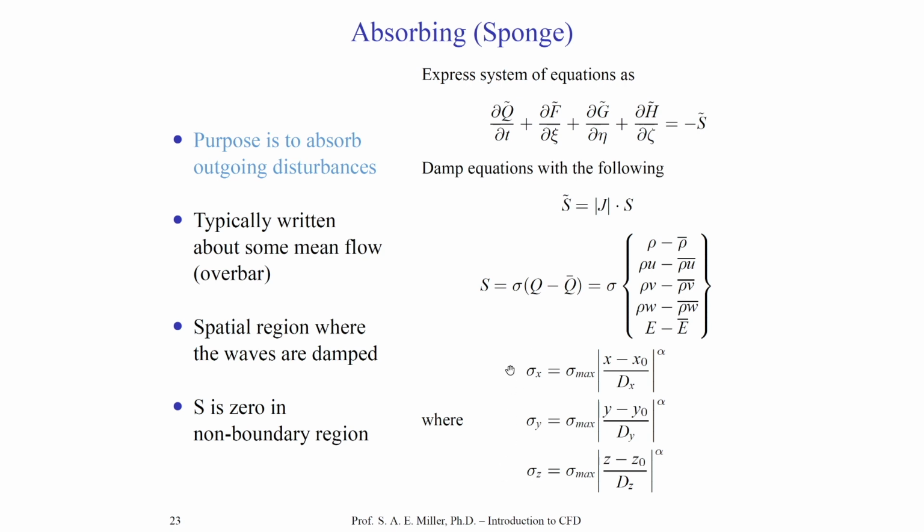Don't worry about this form right now. This is a form written for a full three-dimensional solver. On the right, you can see that the damping with time will be a coefficient between 0 and 1 times, say, the density minus the ambient density, the momentum terms minus the ambient momentum terms, and the energy minus the ambient energy.